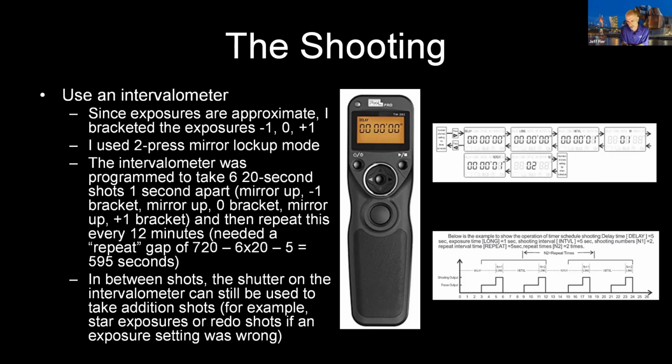And once that's done, you're waiting almost 10 minutes until the next set of exposures. It's during that time that I take the star pictures using a different exposure to get pinpoint stars. I did those pictures by just changing the exposure settings on the camera and pressing the shutter button to get the exposure.